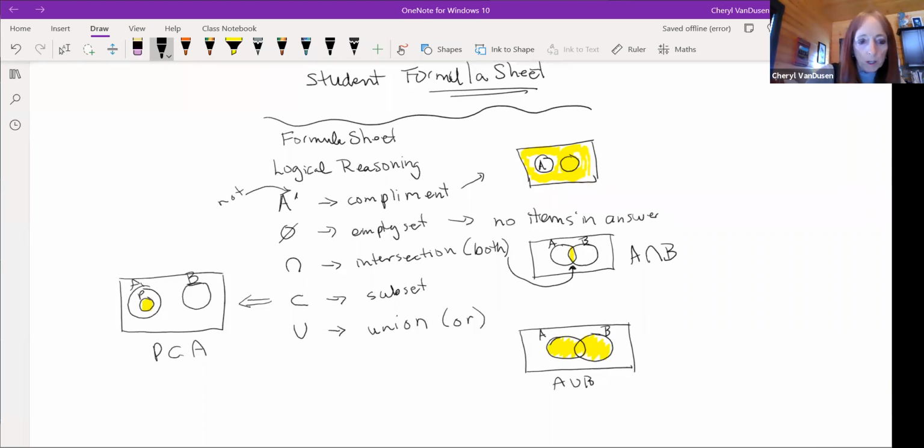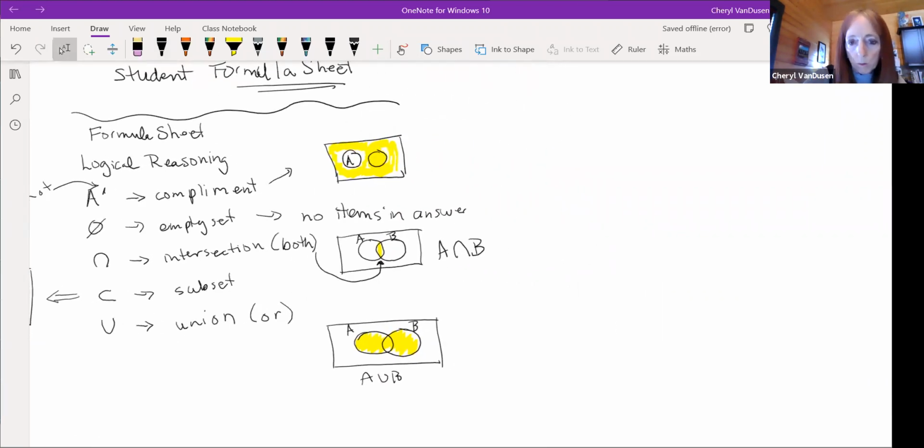Let's just move over here. So this might be something that you'd put on your own formula sheet now, because we're off of their formula sheet. Let's see if my pen doesn't want to work. Okay, go ahead and tell me what disjoint means.